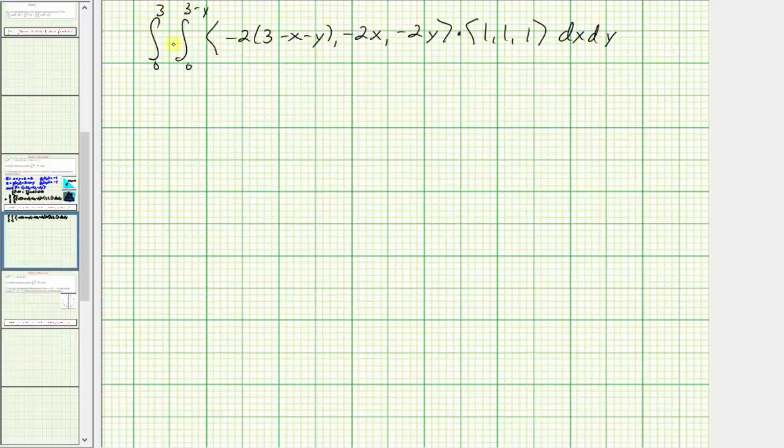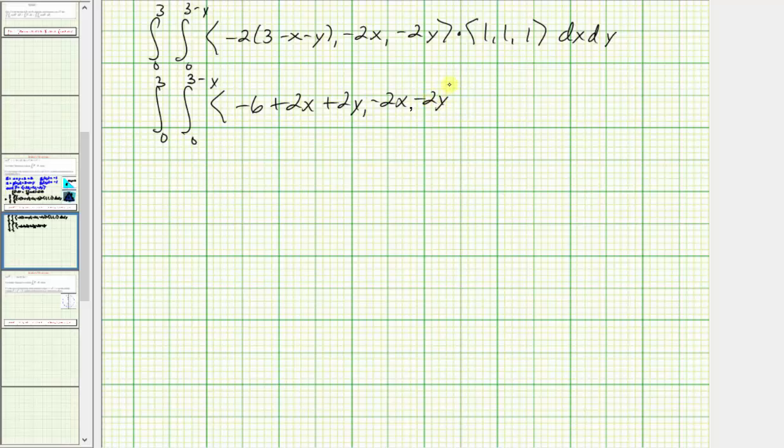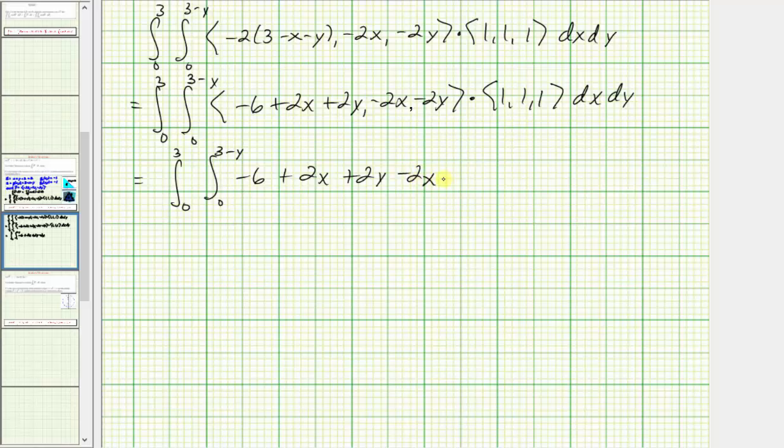Let's go and distribute the negative 2 here. So the x component would be negative 6 plus 2x plus 2y. Everything else stays the same. And notice how here we just have 1, 1, 1, so the dot product is just going to be negative 6 plus 2x plus 2y minus 2x minus 2y, dx dy.